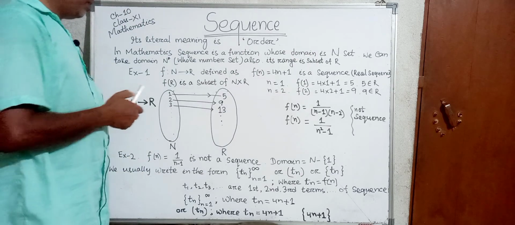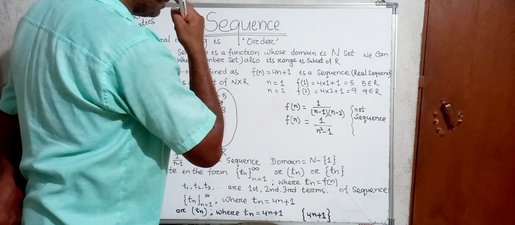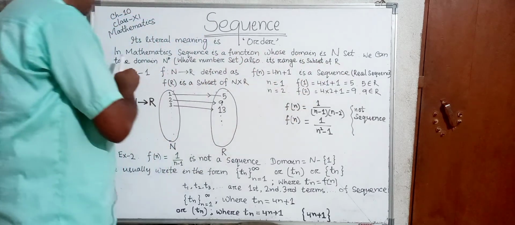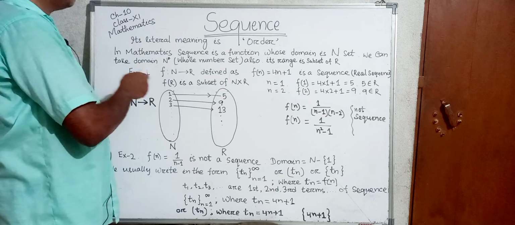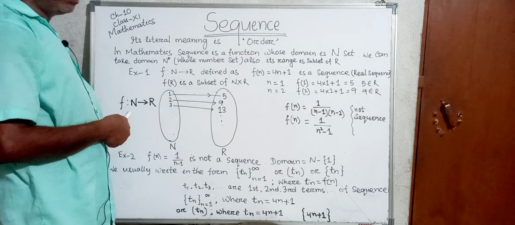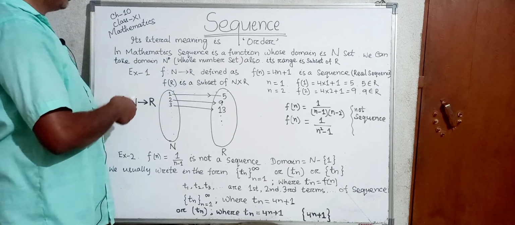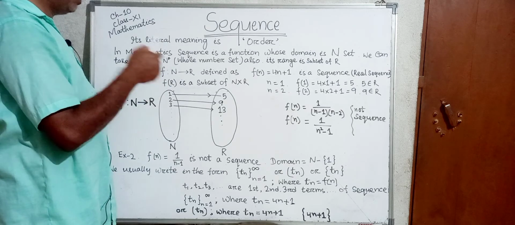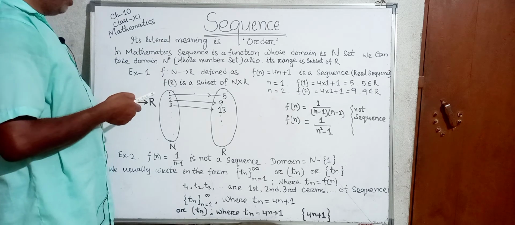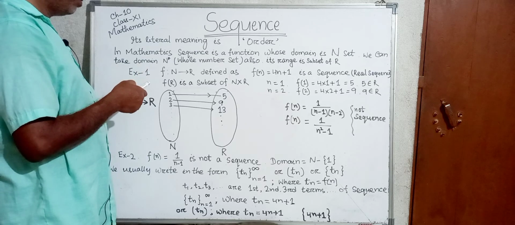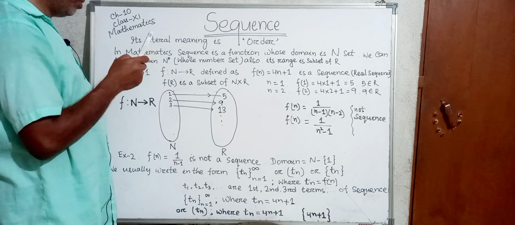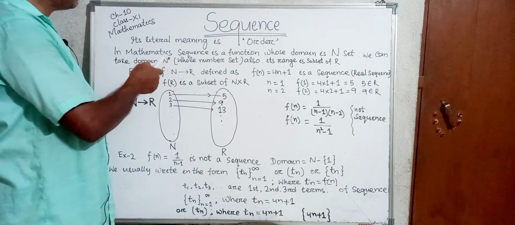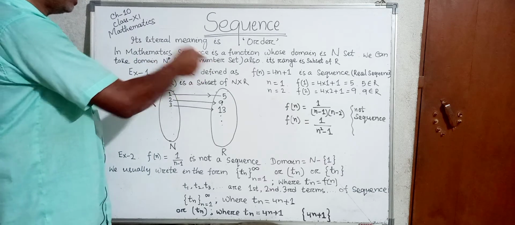Another thing you should remember: we can take the domain as N star, the whole number set, starting from 0, then 1, 2 like this, including 0. Natural numbers including 0 are called the whole number set.